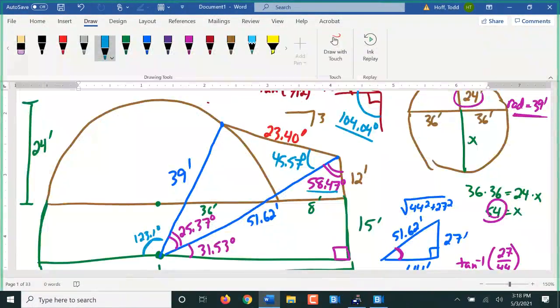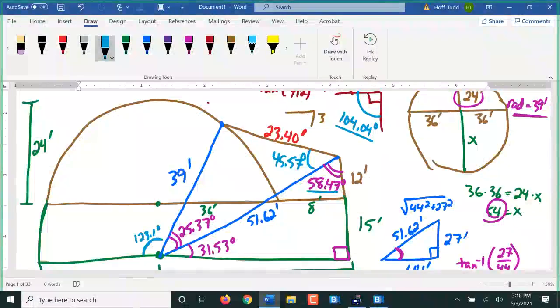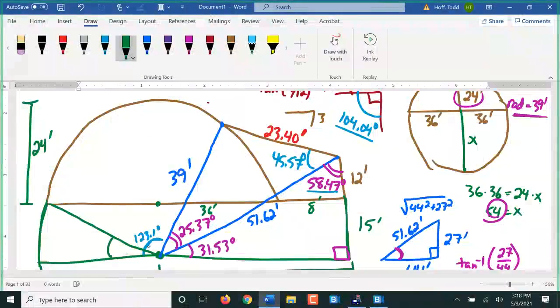Now I'm going to do something slightly different here from what I have done in the past. I am going to find this angle here and subtract it before we do an area, so that we don't have to subtract that out later. That angle is going to be found off of this triangle. It'll be the same as this angle here. Remember, this is still 36 feet, half of the 72-foot width. This is the 15 feet we added.